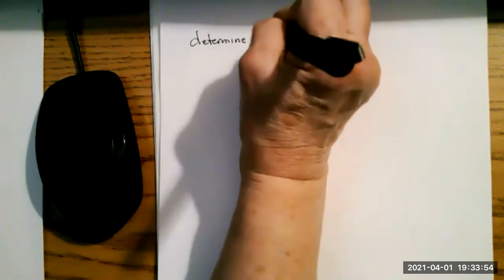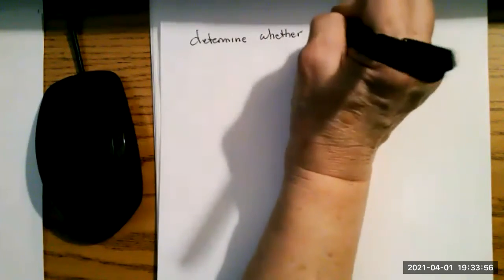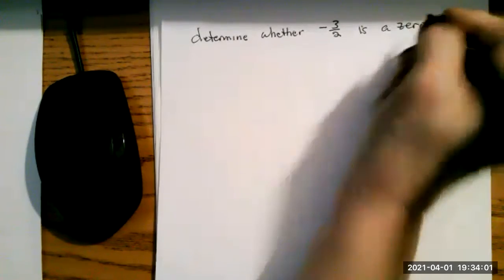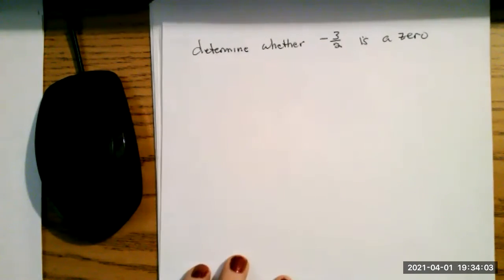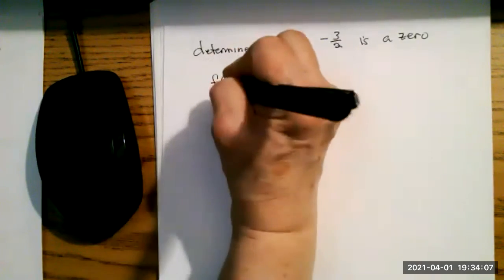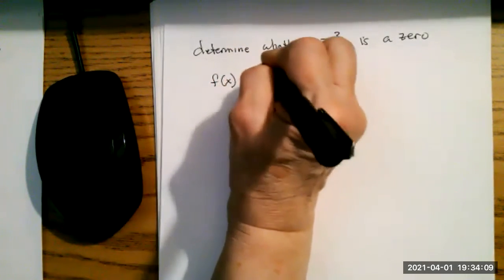I remember this one. This one is determine whether -3/2 is a 0. And they give you a fraction, so there's 2 ways to do it. We're going to do it by just keeping the fraction on it first.